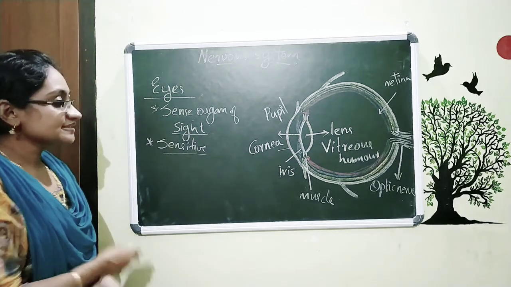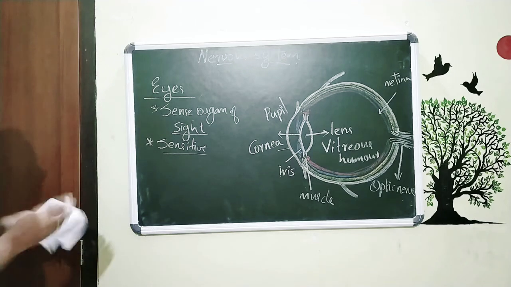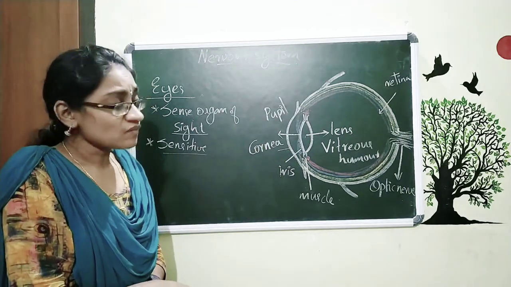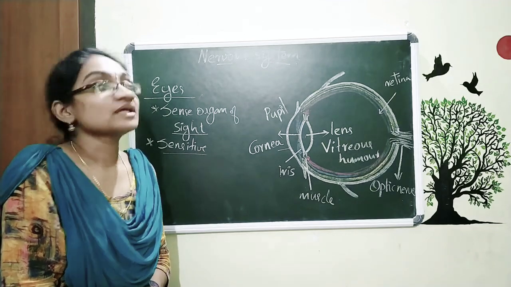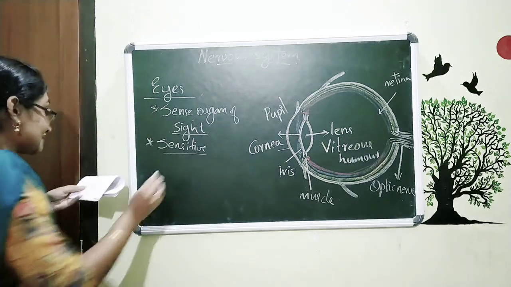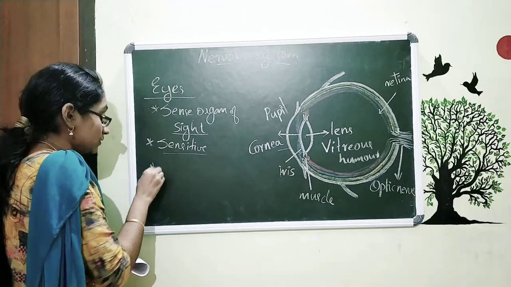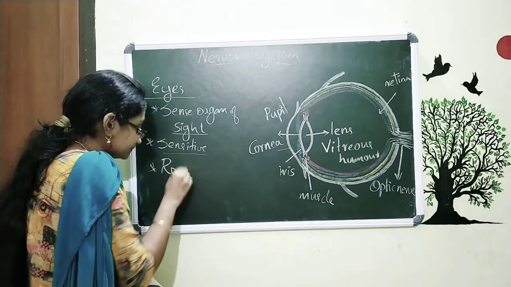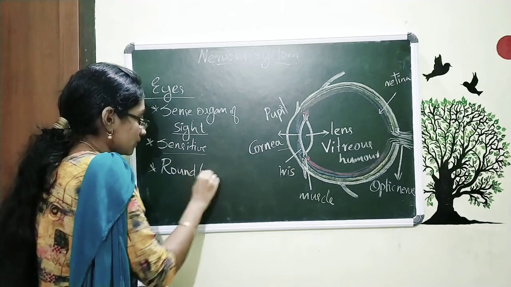Now we are going to discuss the structure of the eye. What is the shape of the eye? The shape of the eye is like a round ball.